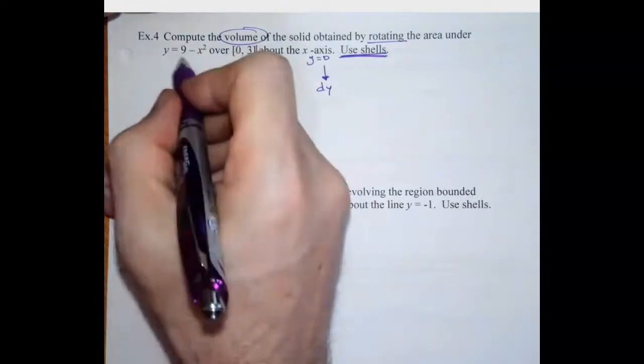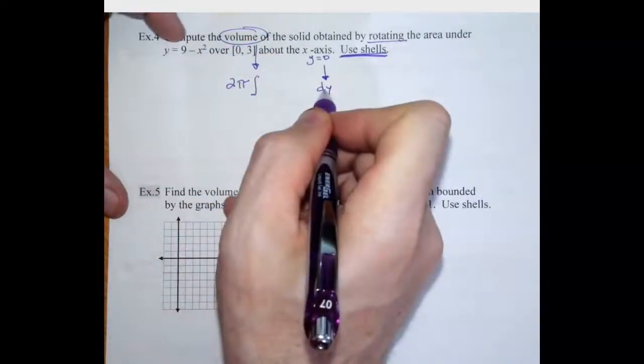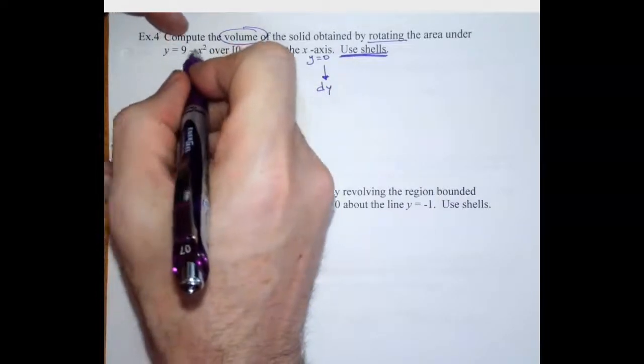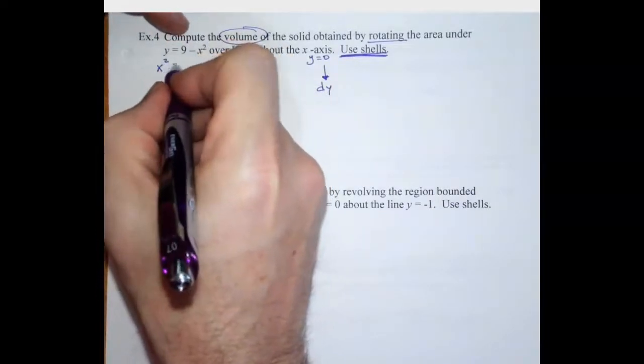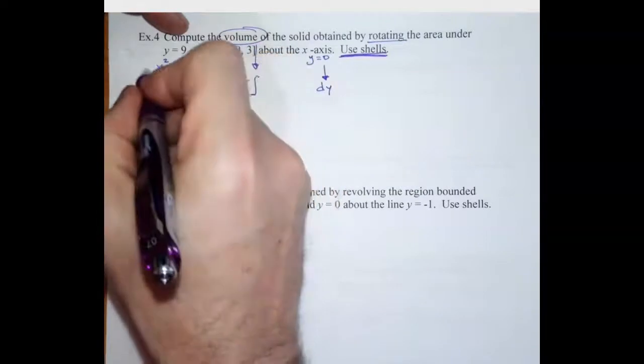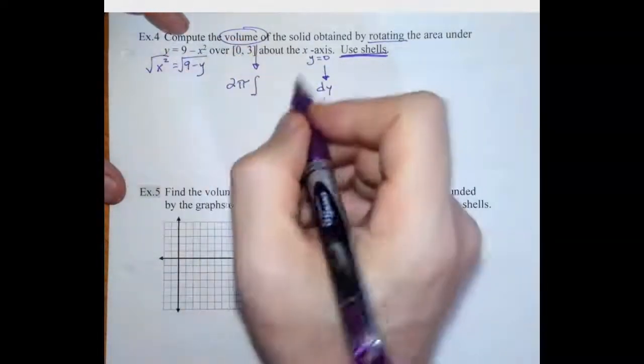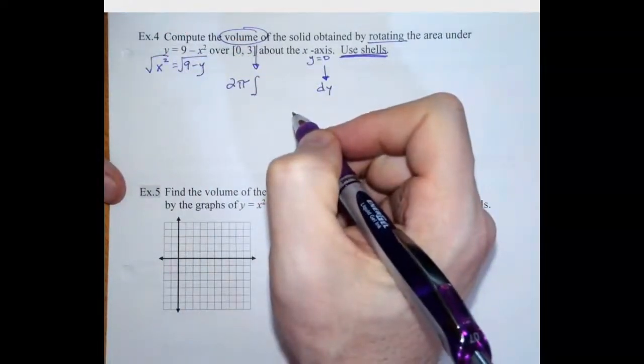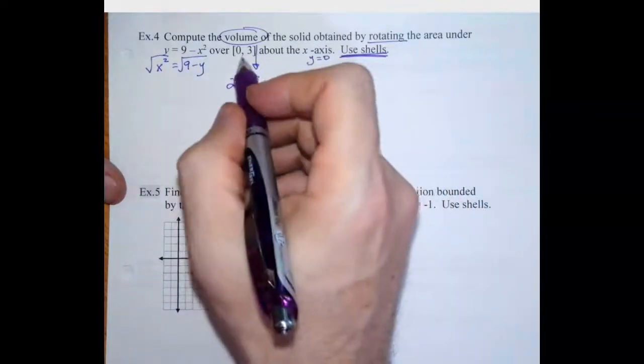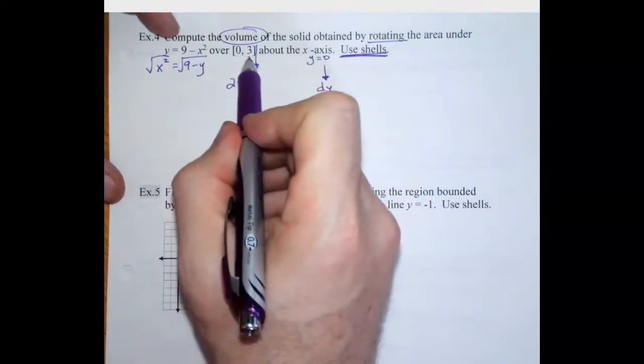Now, we need to switch this up if we're doing it in terms of y, so we need to get x equals. So if I add x squared to both sides and subtract y, and then square root both sides, that's what we're going to have there. And on x, we are going from 0 to 3.